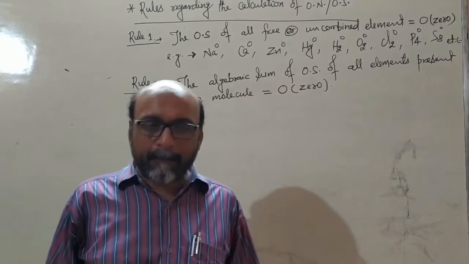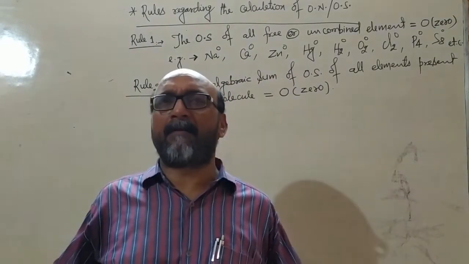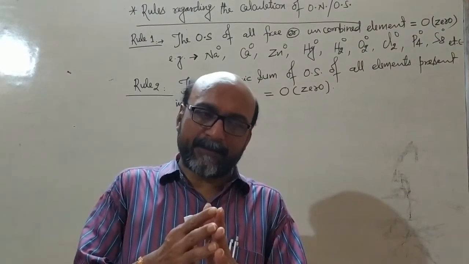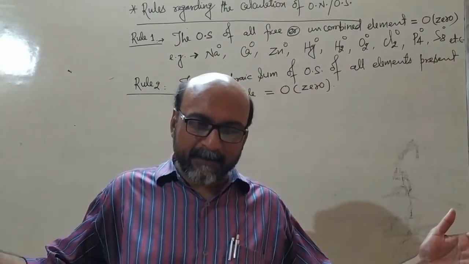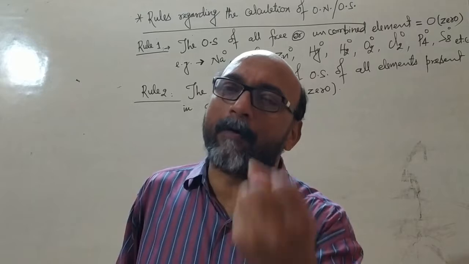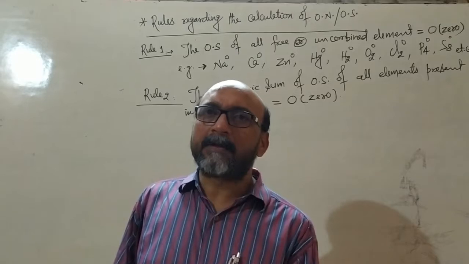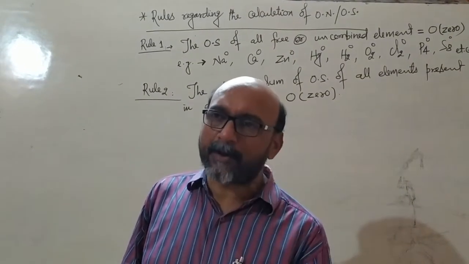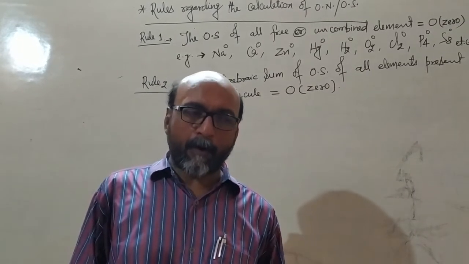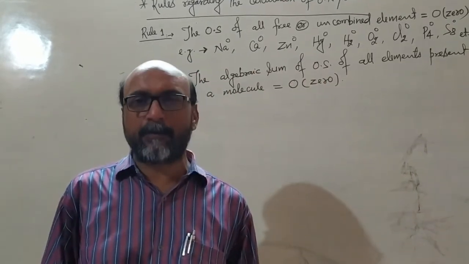Since atom has no charge, therefore simple combination of atoms, when atoms are linked together to form a group of atoms, that group of atoms has the total charge, means the algebraic sum of the charges of all kinds of atoms present in the molecule is 0.